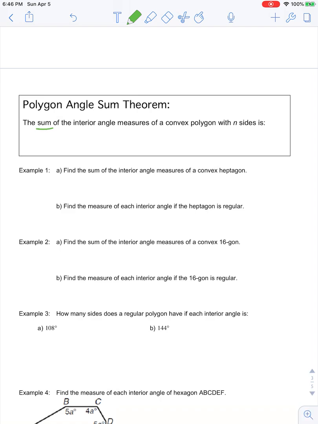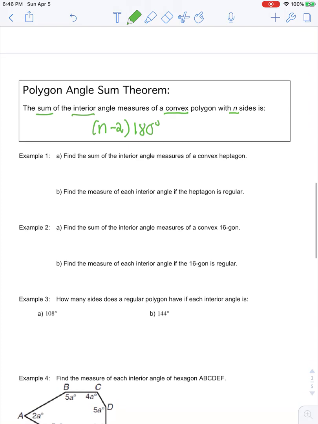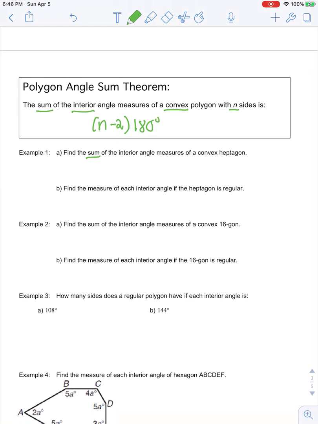The polygon angle sum theorem states that if we want to find the sum of the interior angles of a convex polygon with n sides, we will simply take that number of sides minus 2 and multiply by 180 degrees. So a couple of examples where we're going to be using this theorem.